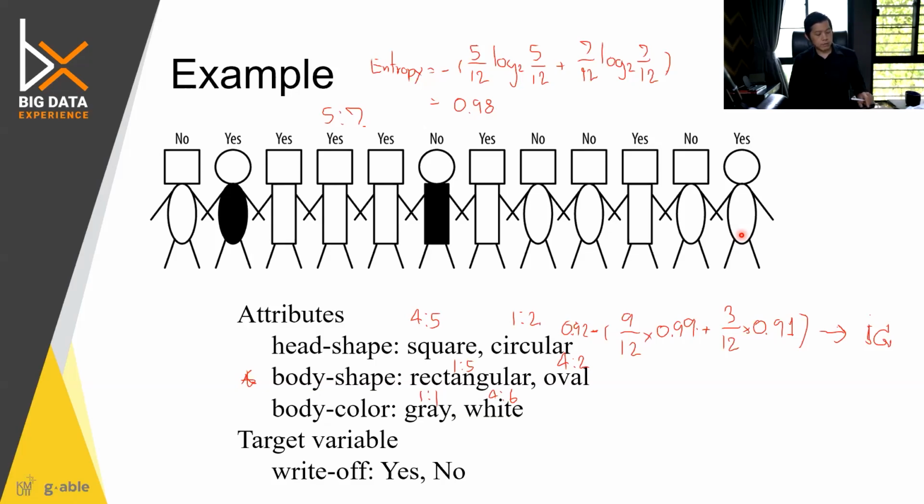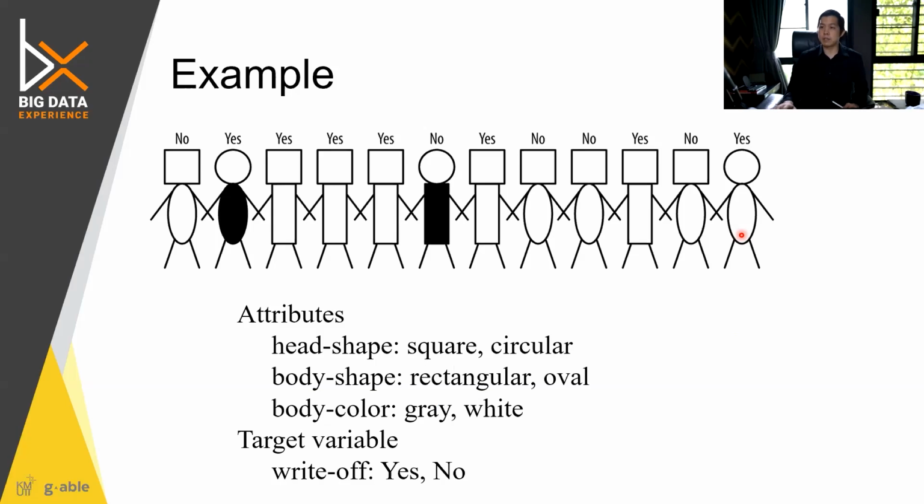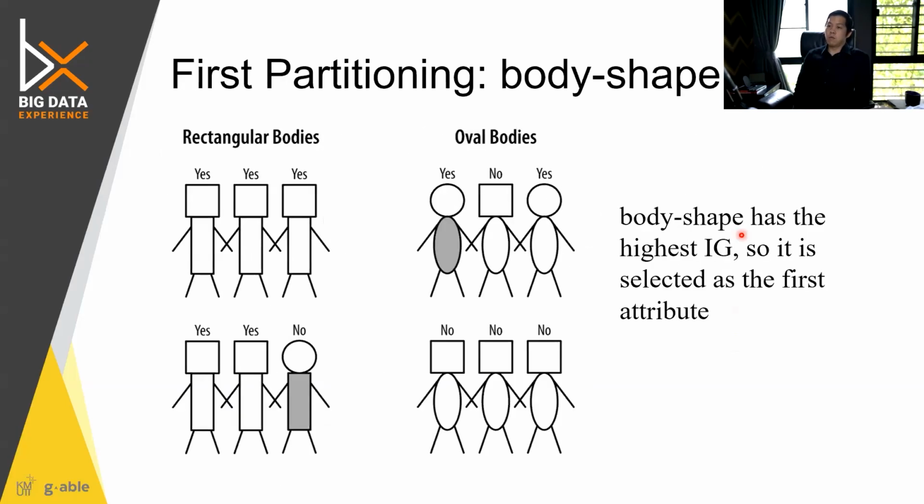Now we use body shape to make a segmentation. We can segment them into rectangular bodies and oval bodies, okay? Because we know body shape has highest information gain. Now we need to apply the same step to the subgroups, right? For the oval body, which attributes should we choose?